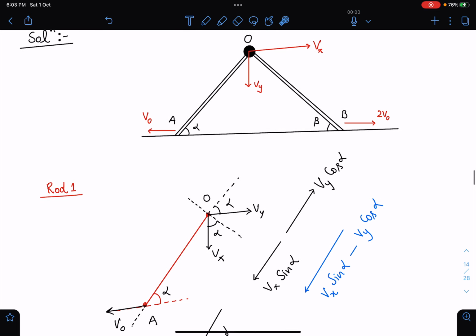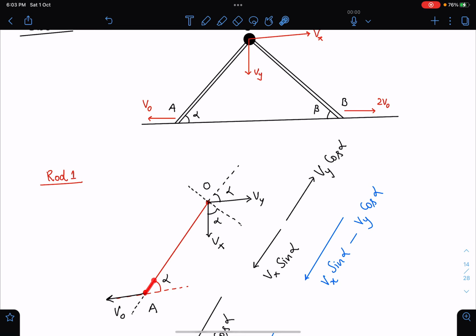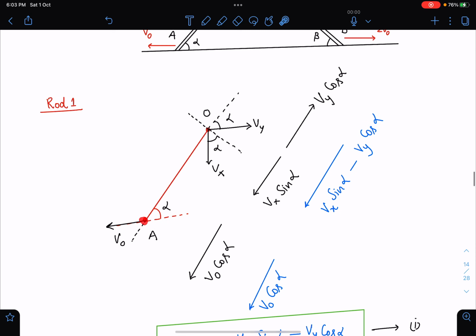So rod 1, if we take, this is the rod 1. This velocity is V naught and angle is alpha here. This is Vy and this is Vx. Alright, so how much it will become? Let's write this. Component of Va along the length of the rod, that is V naught cos alpha.